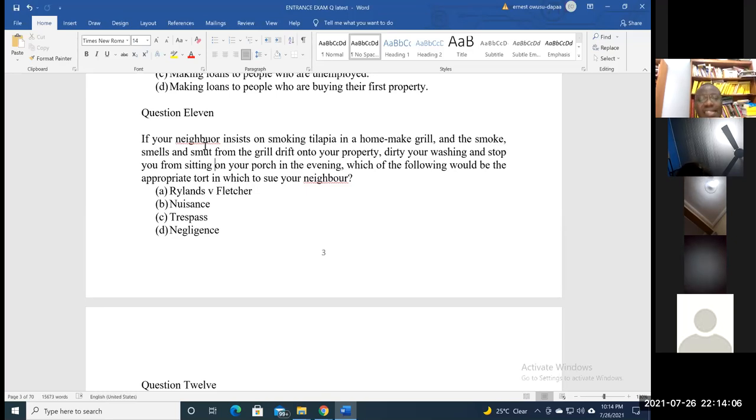But if you look at the circumstances of this case, we may not be able to get all three elements present, and for that matter we have to weed out negligence. Can we locate who owes whom a duty of care? If you can, is there a breach of that duty?